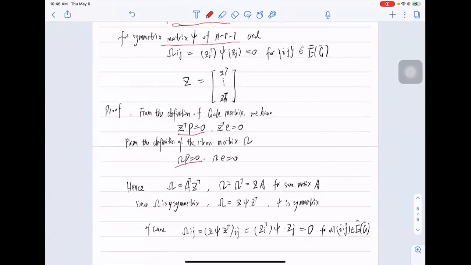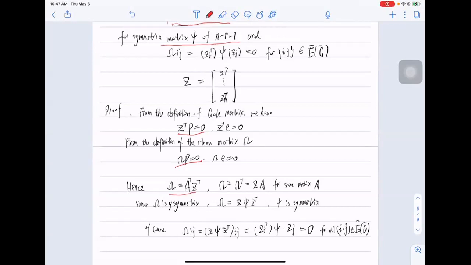Omega is just A transpose times Z, because Z transpose is the null space of P, and omega is the null space of P. So there's a linear transformation such that omega is A transpose Z, and they are both of maximum rank.